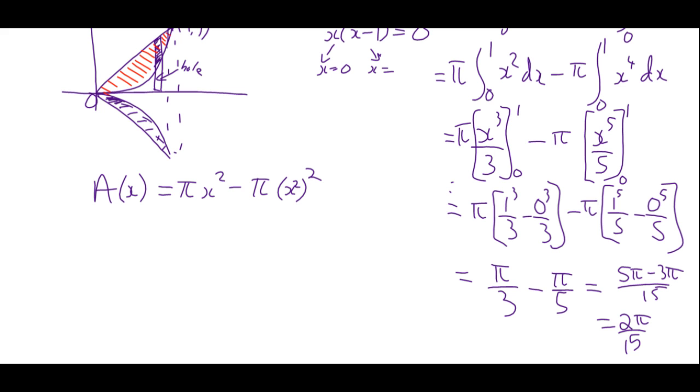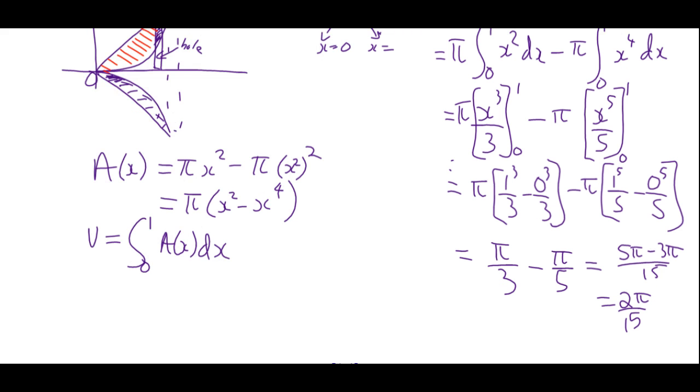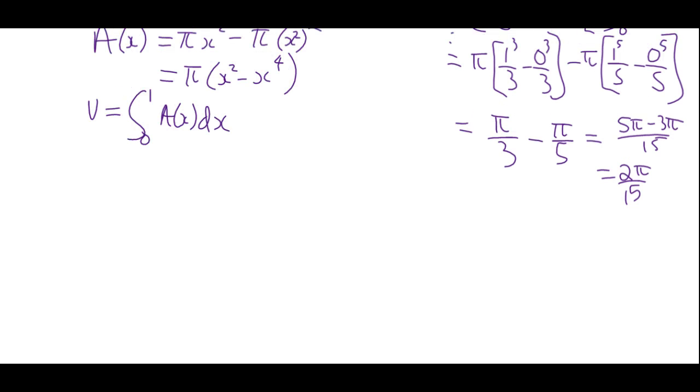That's going to give us the solid piece. So this is the area, and that's what we're going to rotate. So instead, we just calculate the area, which is pi times x squared minus x to the 4th. And so the volume is the integral from 0 to 1 of the area.